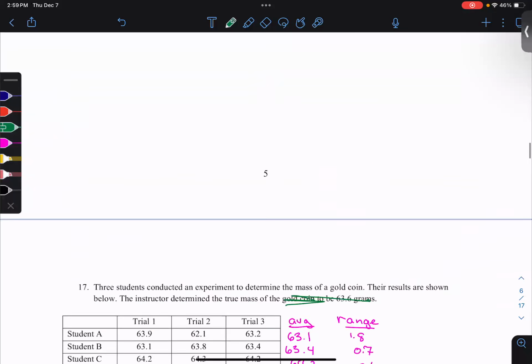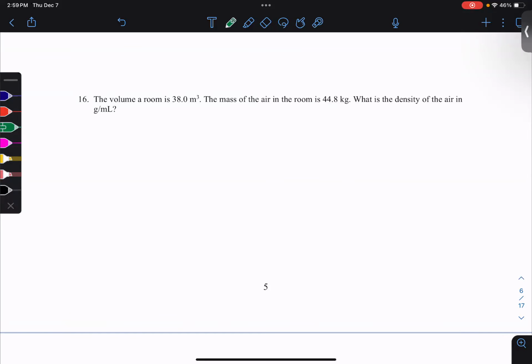I personally want to do question 16. Okay, we have the volume of a room of this size, and here's the mass of air. What is the density of air in grams per milliliter? So for density, we need a gram amount and a milliliter amount.